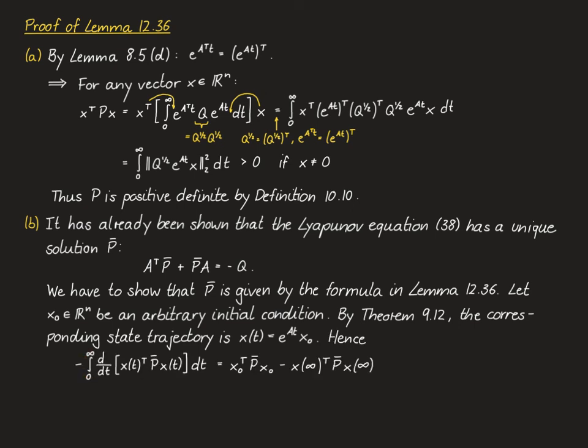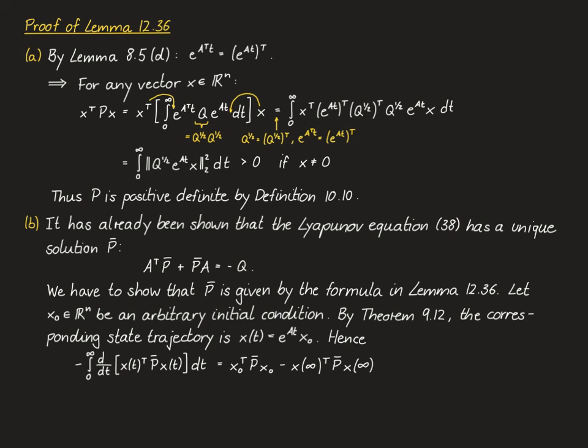Hence, the integral over the derivative of the function x transpose P bar x can be written as x naught transpose P bar x naught minus x at infinity transpose P bar times x infinity, because taking the derivative of this function and then taking the antiderivative cancels out, and hence we have to evaluate this function at the upper limit and subtract the evaluation at the lower limit, which is exactly equal to this if we respect also the minus sign in front of the integral.